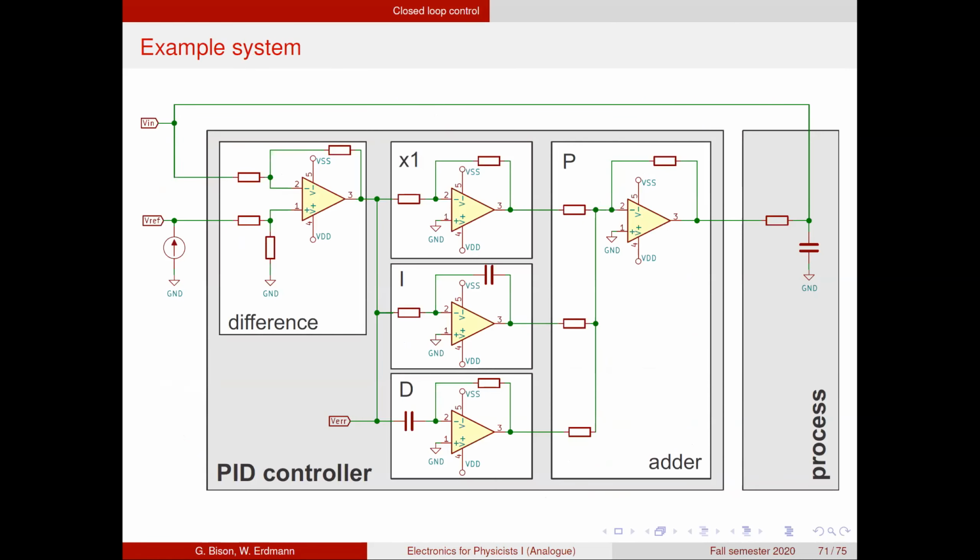Okay, and so let's put all this together. And in order to show results, we also need a process to control. And in this case, I've chosen a really simple process. So the output of our PID controller goes simply through an RC filter, a small low-pass filter, and then back to the input. Now, an RC filter or a low-pass filter is not unrealistic at this point.